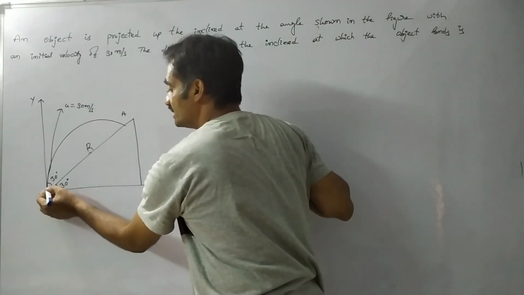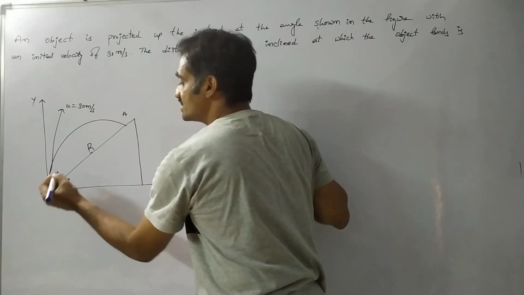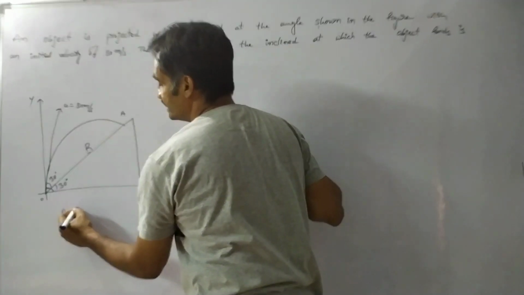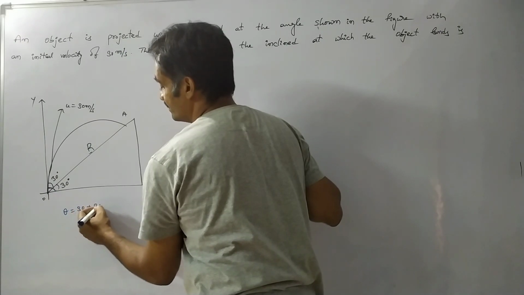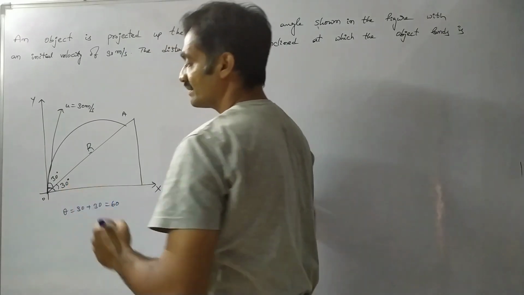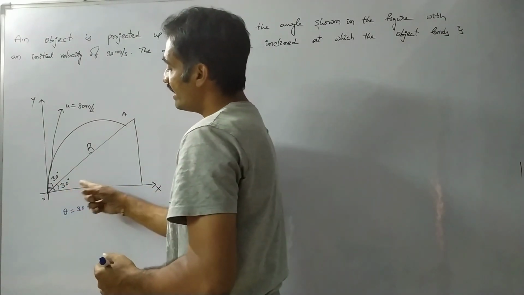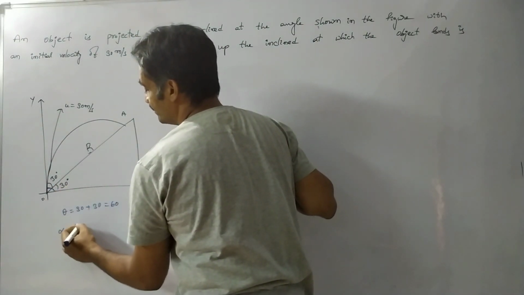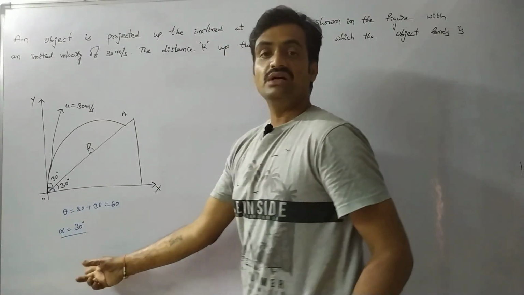The total angle with respect to the horizontal is θ, so θ = 30 + 30, which is 60, whereas α is the angle of the inclined plane, so α = 30.